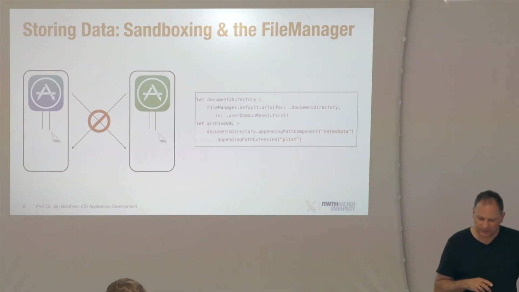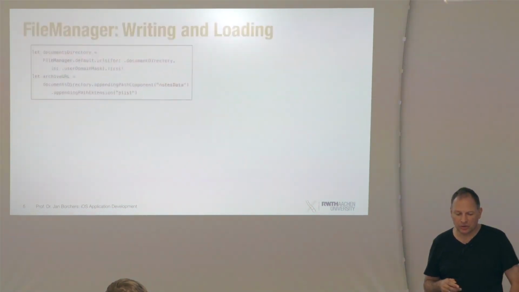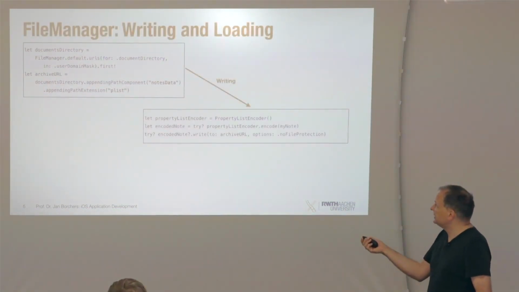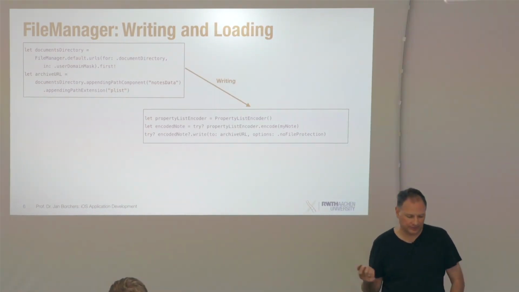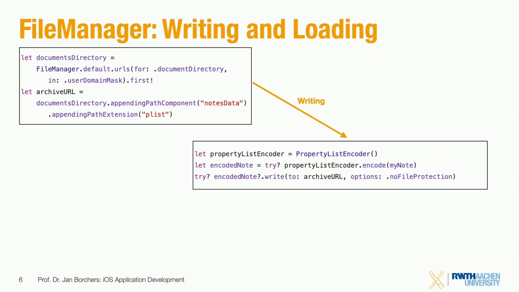Okay, so let's assume we have this. Now we know how to basically get to where our file is going to be, right? Where we want to store data. Now we want to write some data to it. How do we do that? You will actually basically use the code that we already had, right? So you'll have your property list encoder.